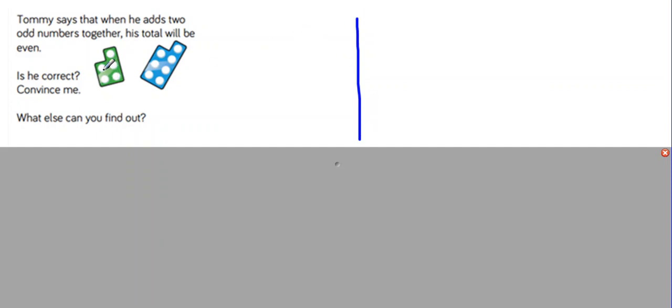So do your first 5 in one colour, pencil, and then your second number, which is a 7, in a different colour, okay, to show where you've stopped and where you've started. This will help with the convince me part, okay? Pause the video and have a go. Is he correct?